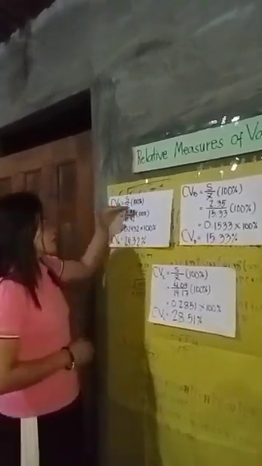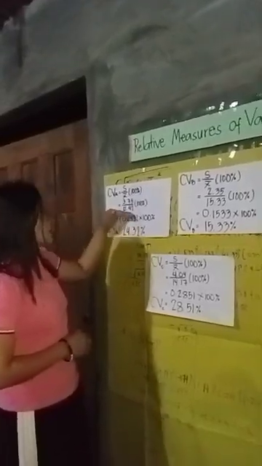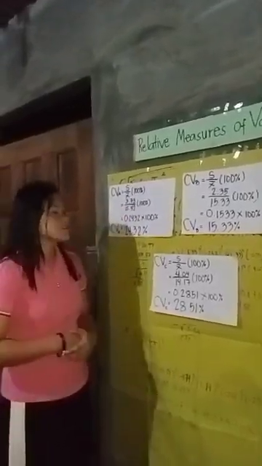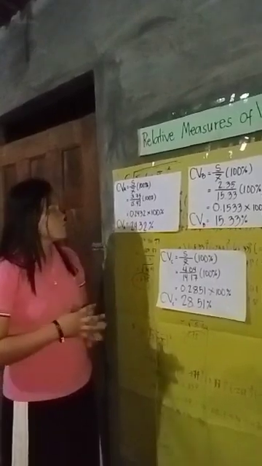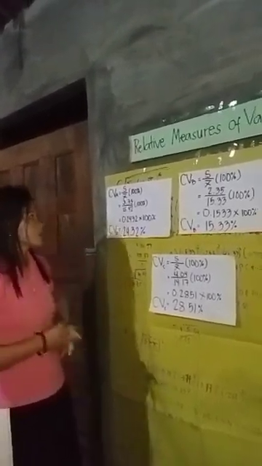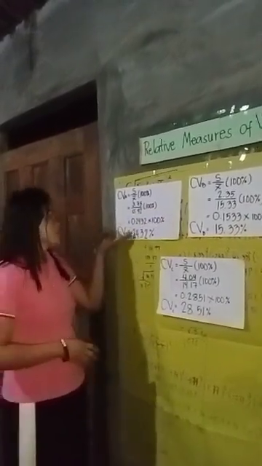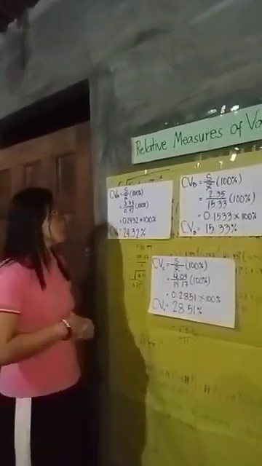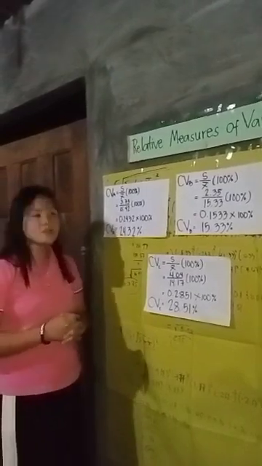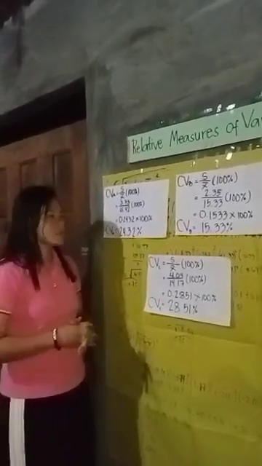So, we need to divide this one and then the answer is 0.2432. So, multiplied by 100%, the coefficient of variation in section A is 24.32%.